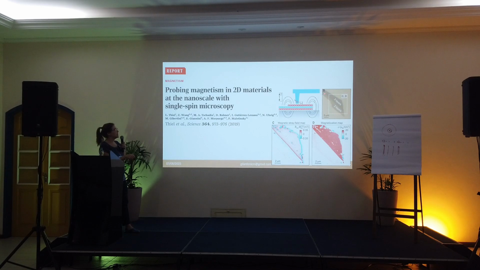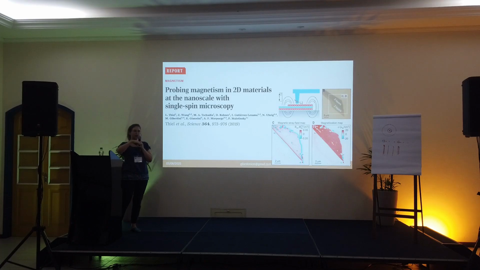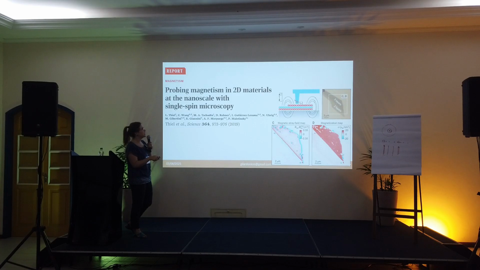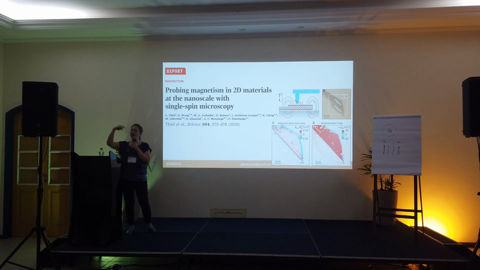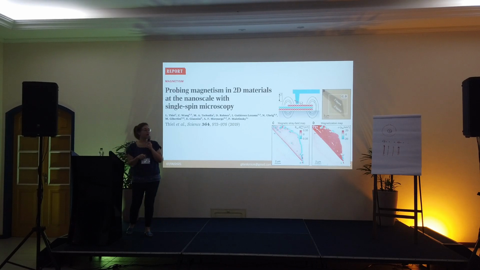In this case, they were studying a layered material, so this is a van der Waals type of material, you can exfoliate it, and it's antiferromagnetic, right? And what they've shown here is that this antiferromagnetism in this material arises between the layers, right? Every time you stack a layer on top of each other, its magnetization is flipped with respect to the previous one, right?